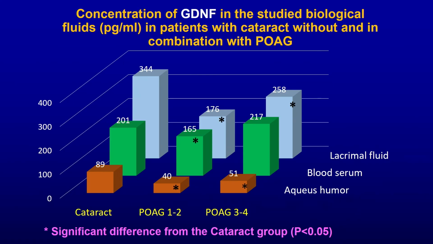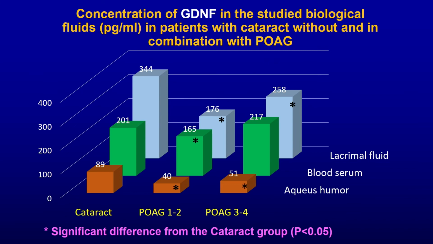In case of glial factor GDNF, the situation was like with BDNF, the brain-derived neurotrophic factor. In fact, at initial stages 1 and 2, all parameters were reduced.